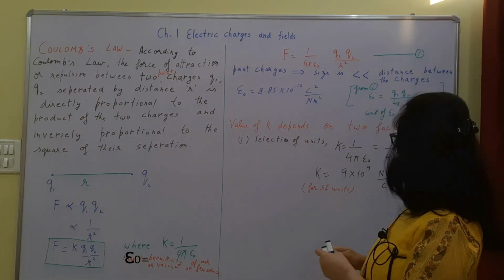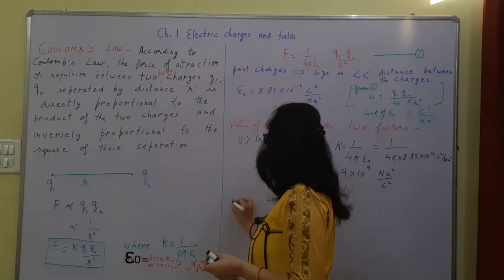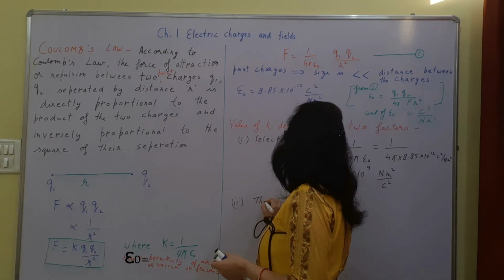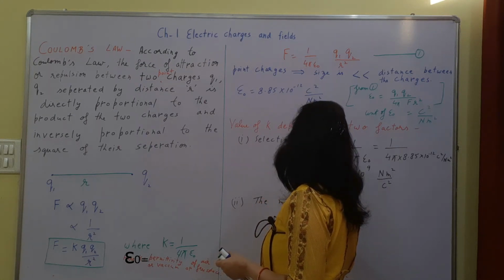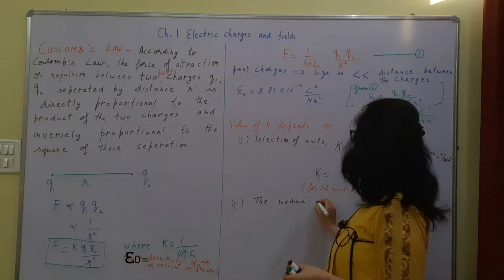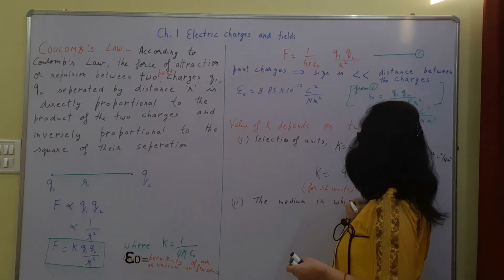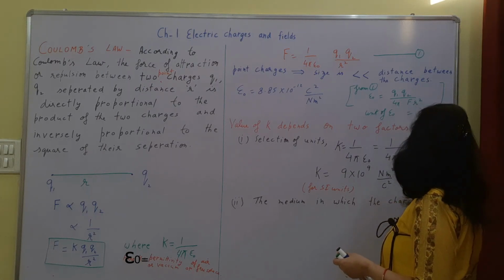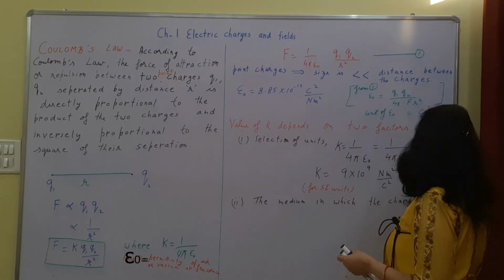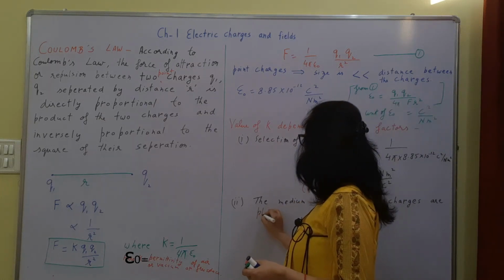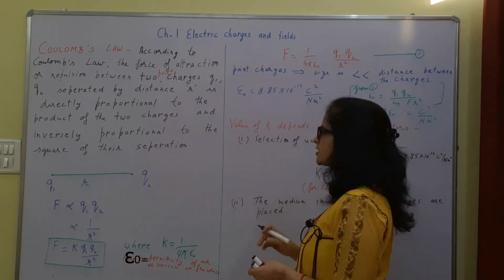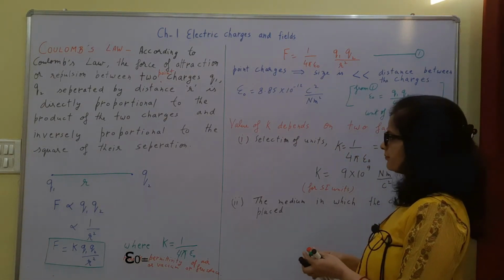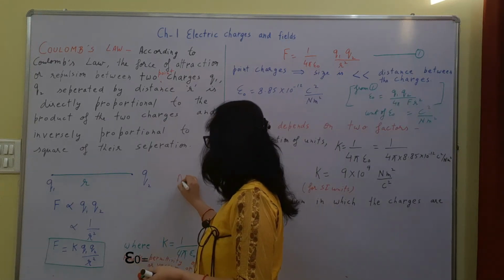Second is the medium in which the charges are placed. Because if these charges are placed in some medium other than air or vacuum, then, I am mentioning over here, this is air.